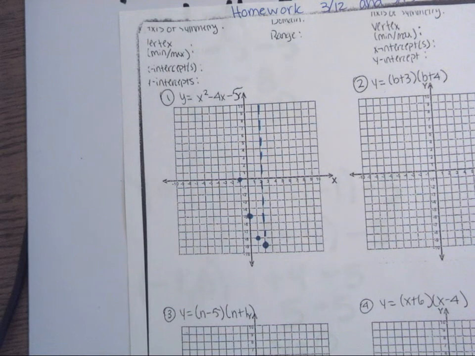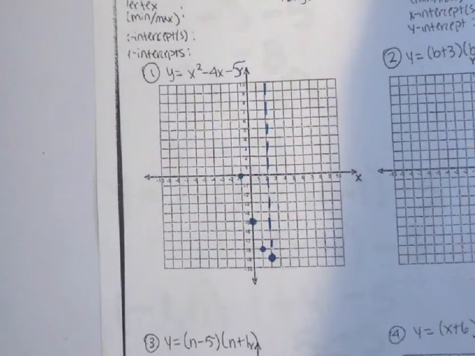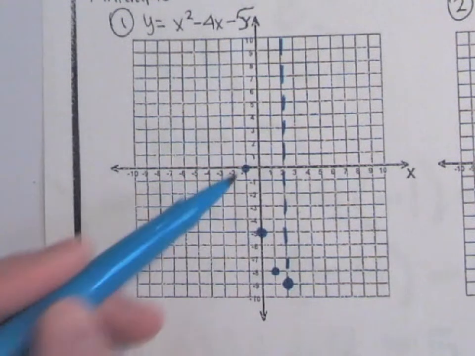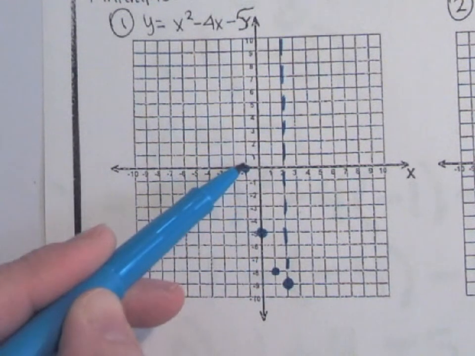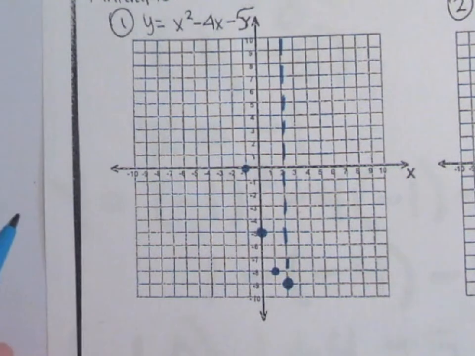Now in order to finish sketching my graph, I'm going to use the fact that there is symmetry in quadratic functions. So anything that is on the left side of my axis of symmetry is reflected across onto the other side.